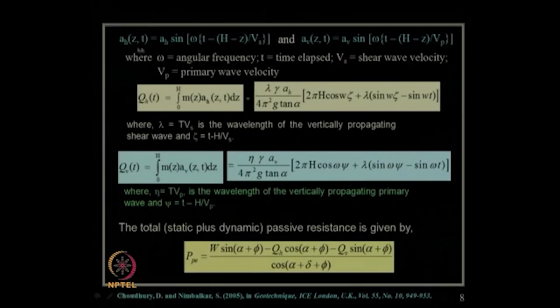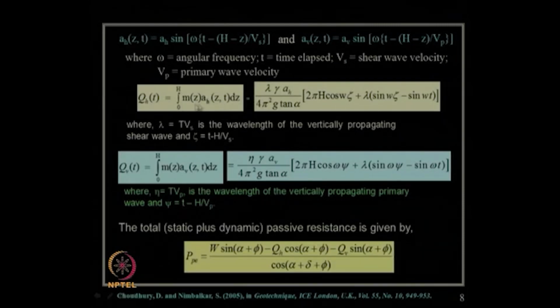If you do not consider any amplification, then the equation boils down to this, that is, amplification is 1, basically no amplification. In that case, the expression for the seismic horizontal inertia force QHT will be nothing but the mass of that infinitesimally small slice, m of z, times the acceleration ahz.